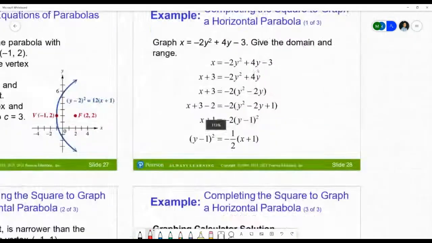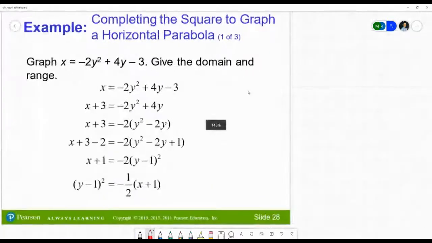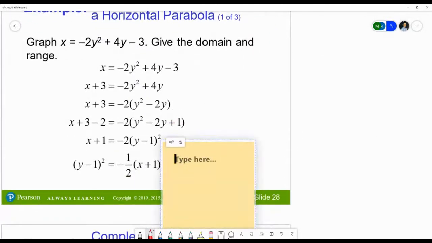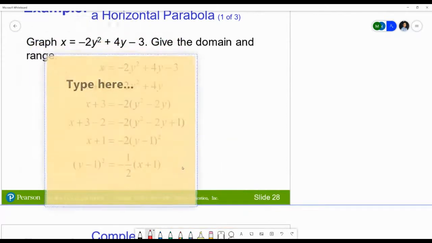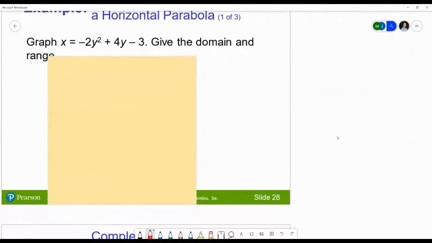Here, so we have to graph it. So we have to rewrite it in graphing form. Why don't you rewrite this in graphing form for me?